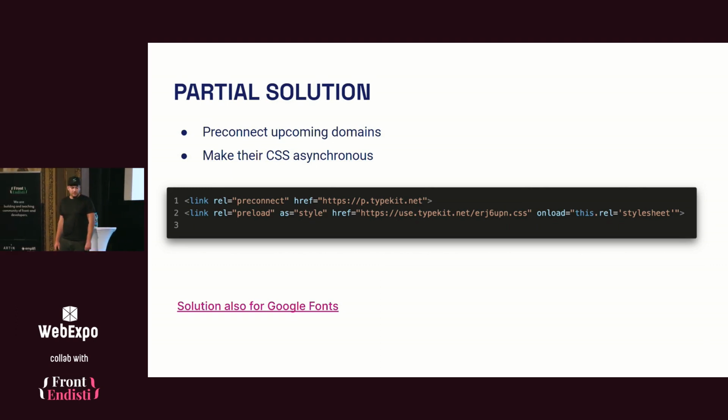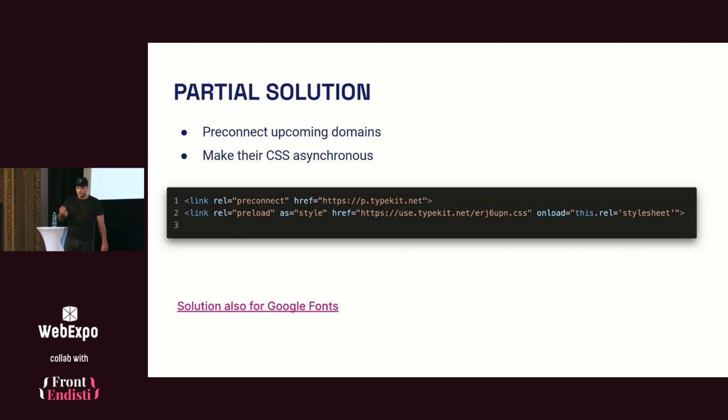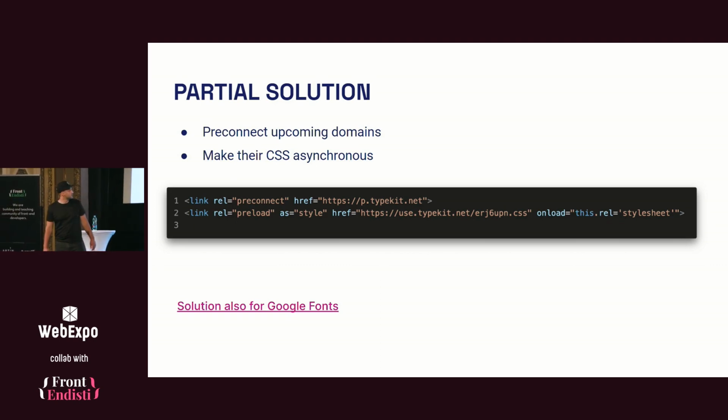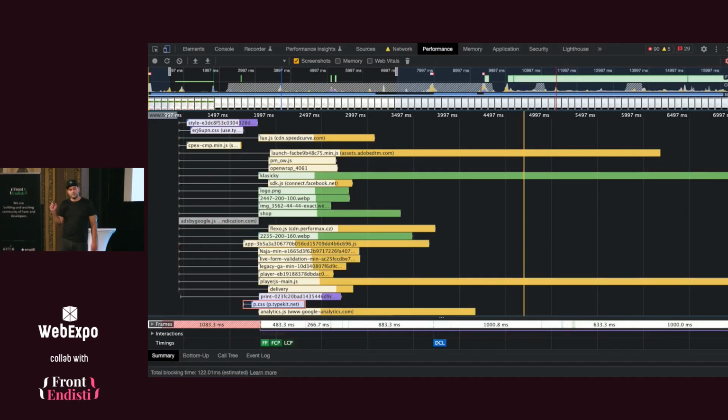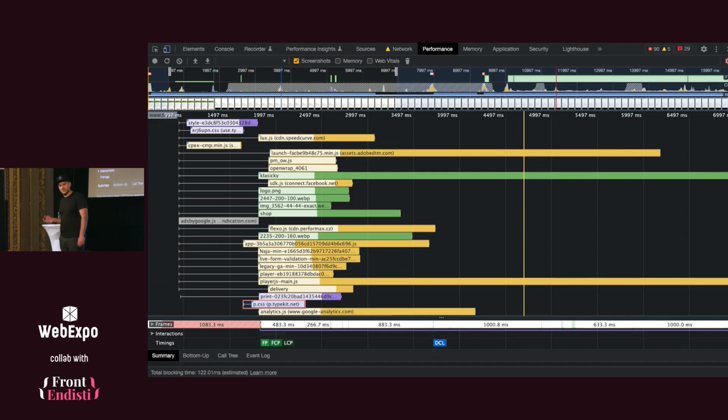So what you can do is pre-connect their upcoming domains, and you can make their other resources asynchronous. And the same principle can be used for almost every service. There is also a solution for Google Fonts. And when you do it right, you can see that the space is eliminated.